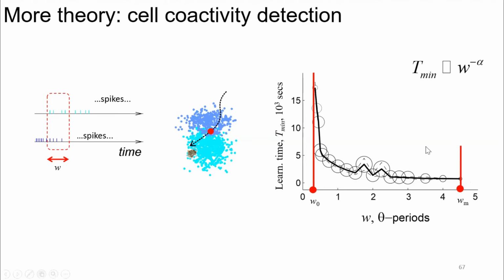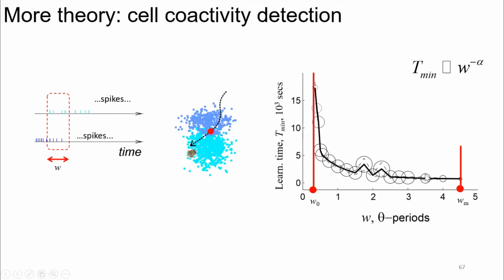But in the middle, we have this interesting inverse hyperbolic dependence. Learning time is W to the power of about 1.1, 1.2. By the way, I don't insist on any specific numerical value. What is important here is the qualitative behavior, and the qualitative behavior is that you have this hyperbolic curve.